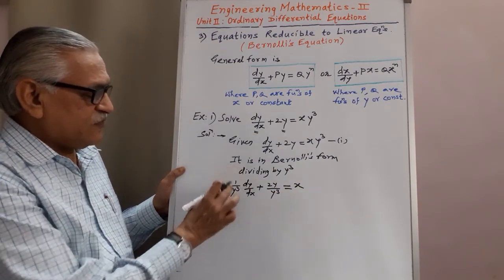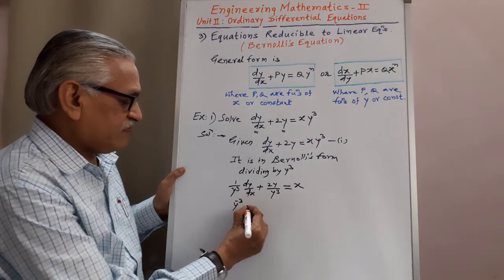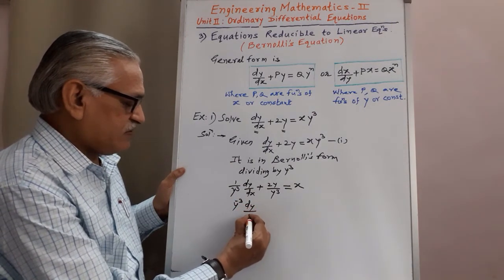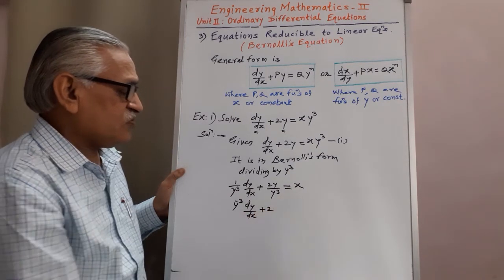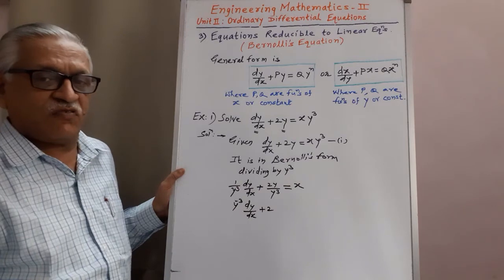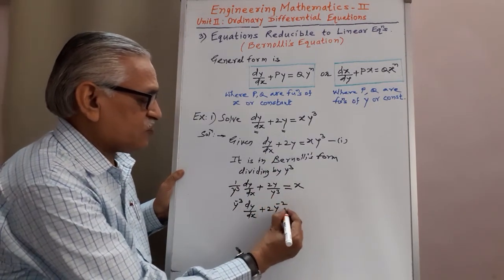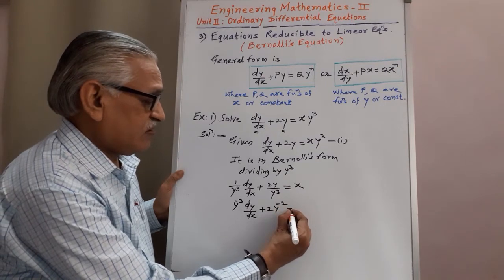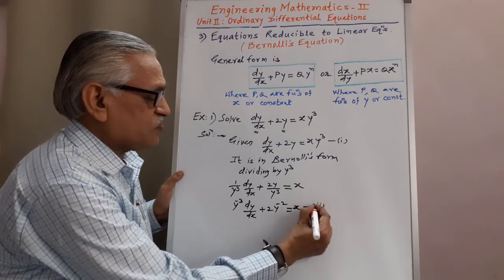And then transferring this to numerator, we get y raised to minus 3 dy by dx plus 2 y upon y cube, y square remains. Transferring it to numerator, it becomes y raised to minus 2 is equal to x. We call this equation 2.